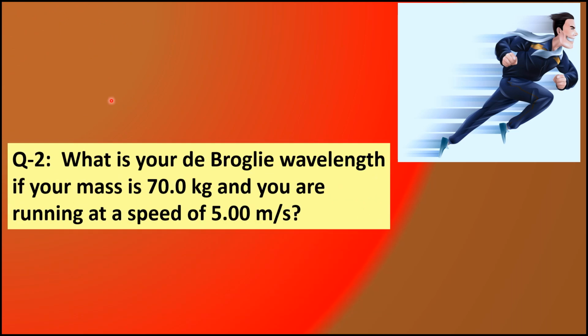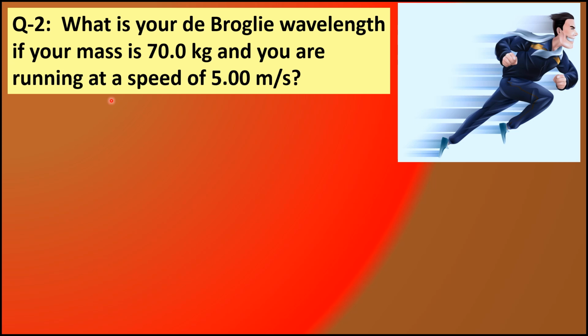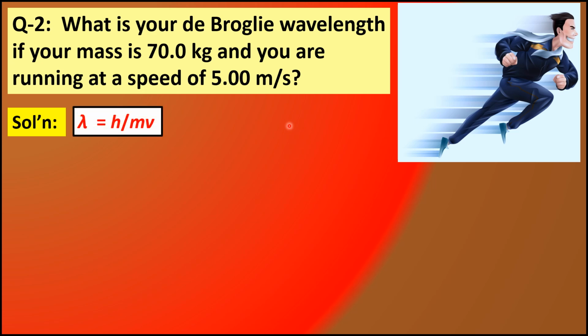Question number 2. What is your de Broglie wavelength if your mass is 70.0 kilogram and you are running at a speed of 5.00 meter per second? So, how do you determine a person's de Broglie wavelength? Lambda is equal to Planck's constant divided by the product of your mass and your speed.